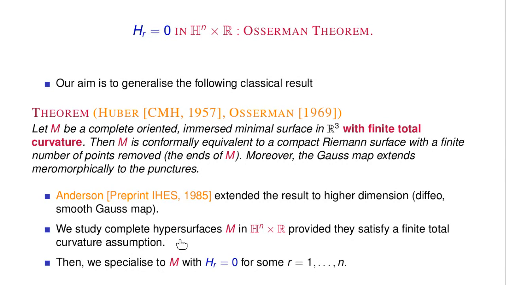So we are going to study that kind of problem, and then we specialize, assuming that M has zero R mean curvature. We start by studying hypersurfaces with, as we will see, strong finite total curvature. I will tell you in a while what this is. Our assumption on the total curvature will be finite strong total curvature.